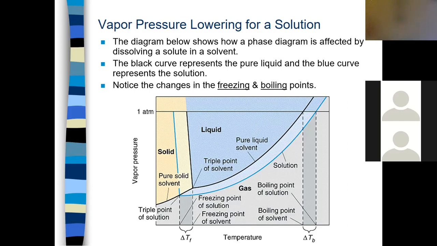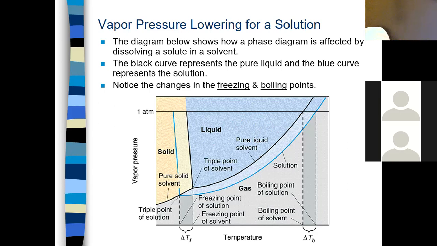And then if you don't have another color, you can put a dotted line where there's a blue line on here and label that the phase diagram of the solution. Where you've dissolved a non-volatile solute, you now have a solution. And you want to make sure you understand that every point on the black curve has dropped. The vapor pressure has fallen as a result of adding a non-volatile solute.